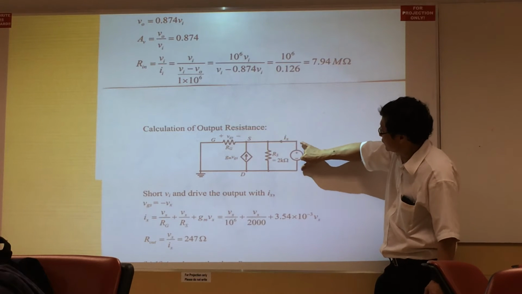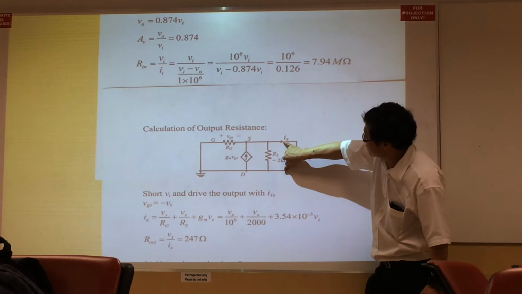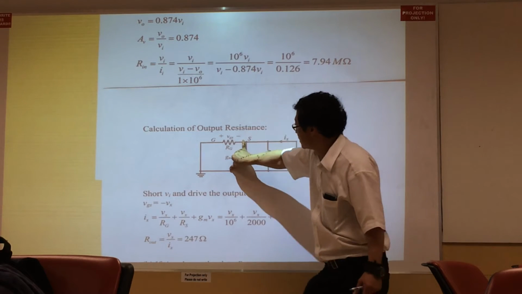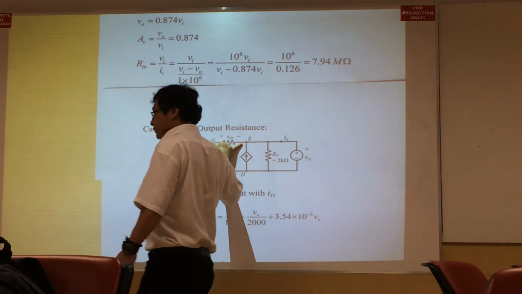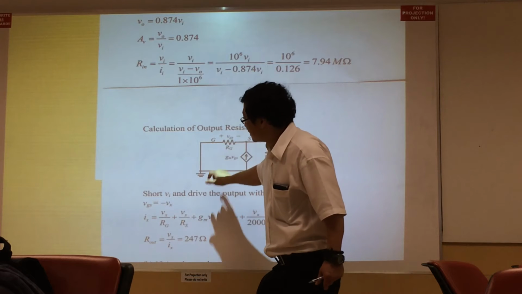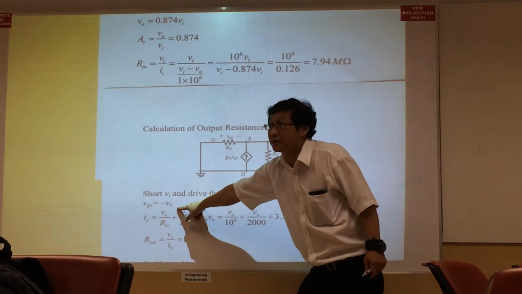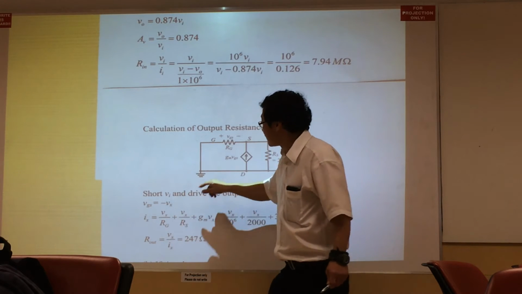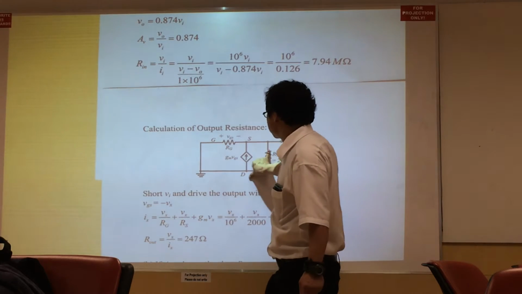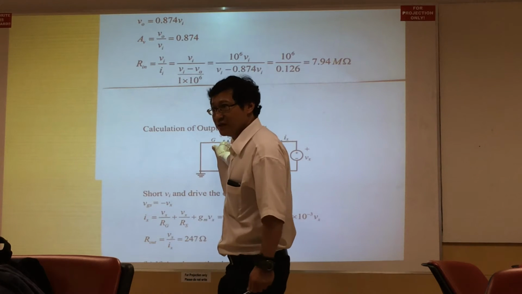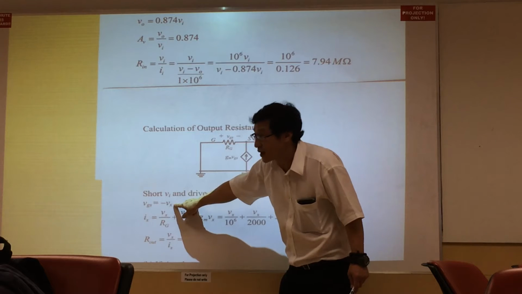The fictitious voltage source, Vx, is applied across VGS. Therefore VGS and Vx are related. In fact, Vx is minus VGS, so that's why you have minus here.